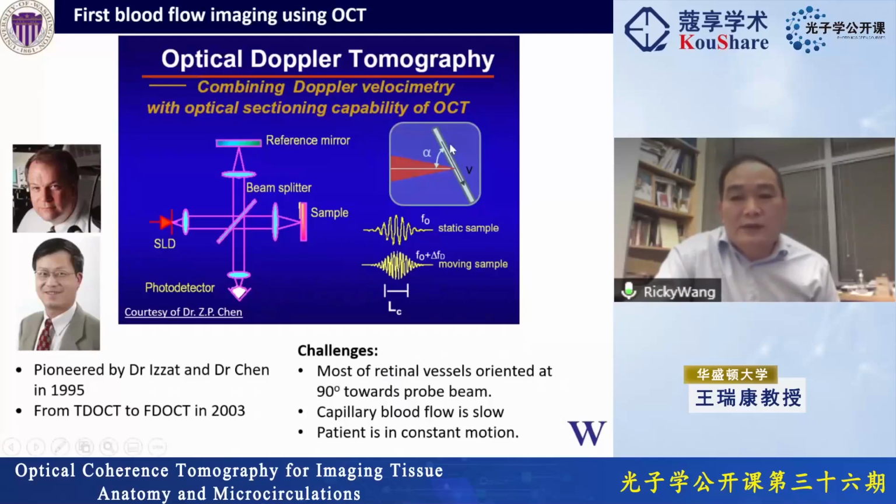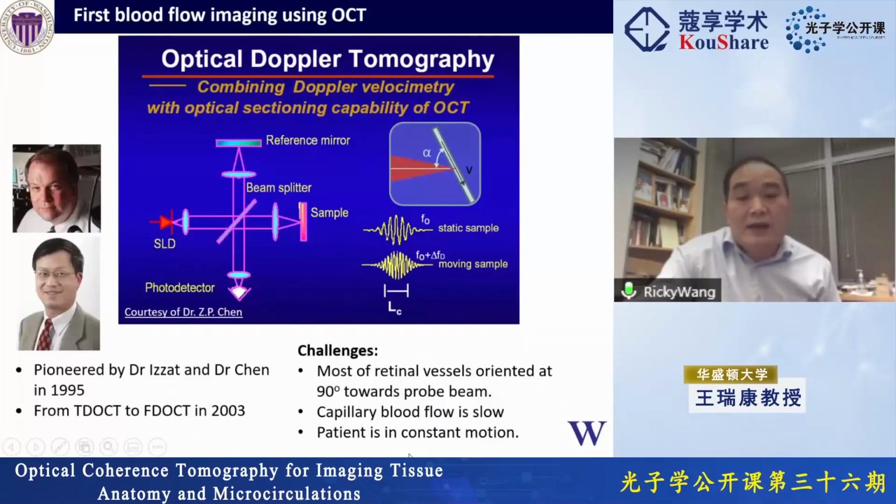Okay, so therefore using Doppler OCT it is difficult to measure capillary blood flows. Nowadays, most of the research and even clinical translations want to look at the capillary blood flows, rather than big blood flows in the big vessels. In the big vessels, you have ultrasound to look at this, right? You do not need OCT to look at this, okay?